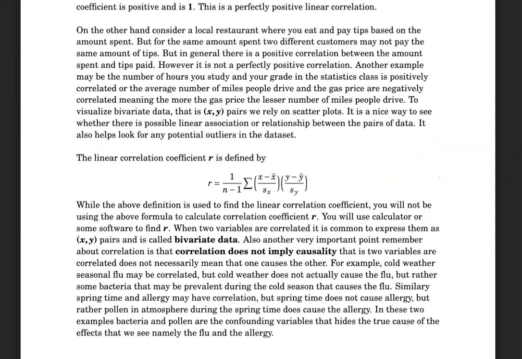For some reason, I didn't make the slides for this section, but you can read it up. One of the important things to remember: correlation doesn't imply causality. Another terminology, bivariate data, that's an XY pair.